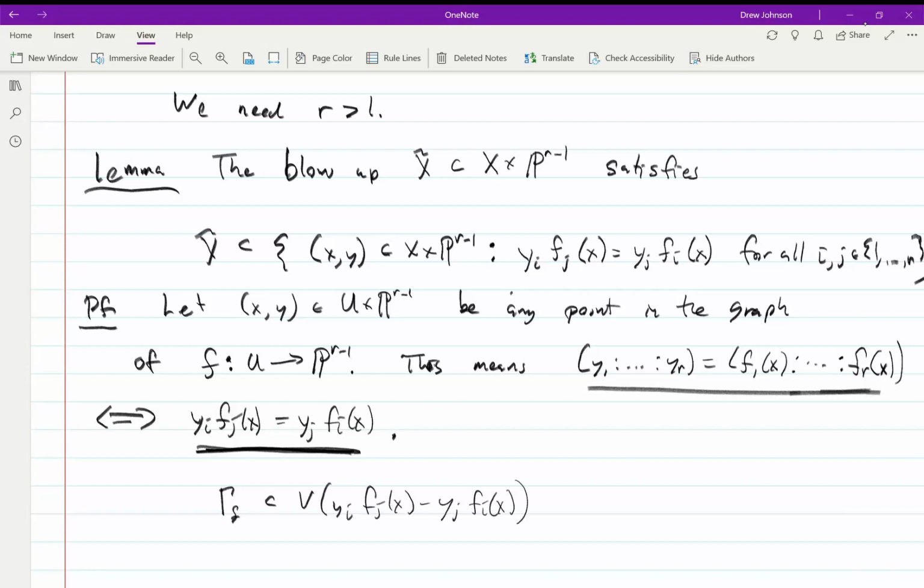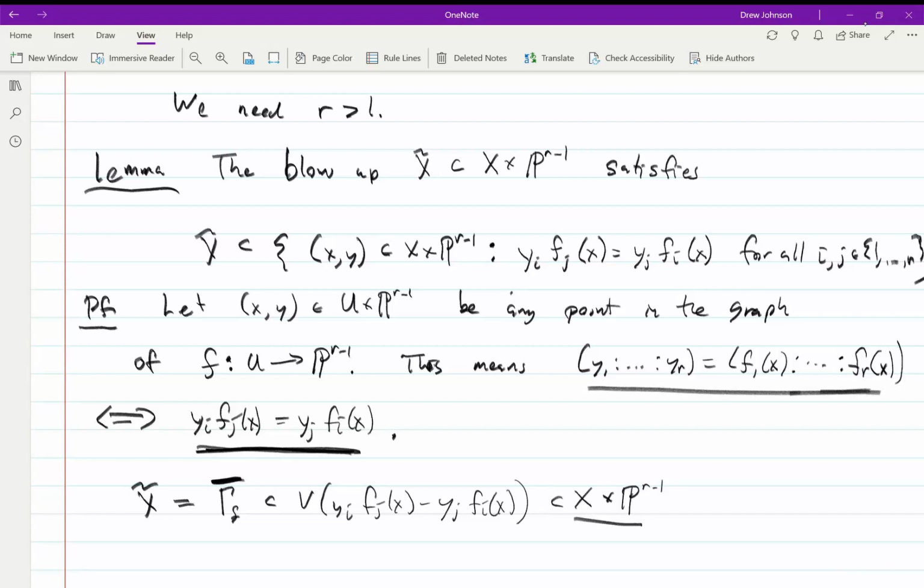We take the vanishing of all these equations, but now we consider them on x cross P^(r-1). Gamma f is still contained in that, because we just extended them to a bigger space. And remember, x tilde is equal to the closure of the graph in x cross P^(r-1).